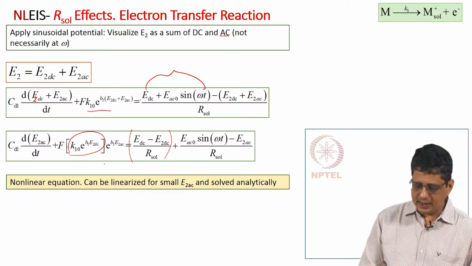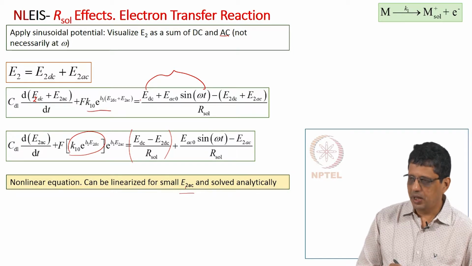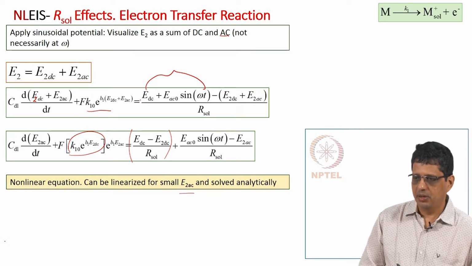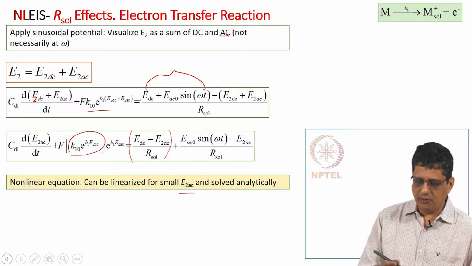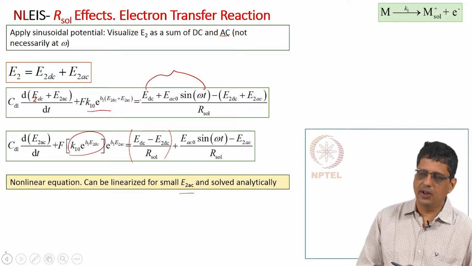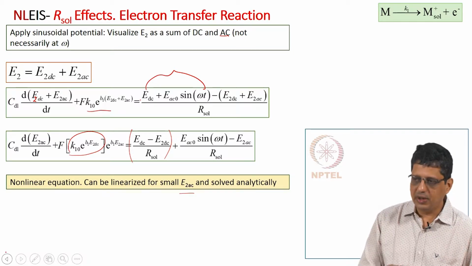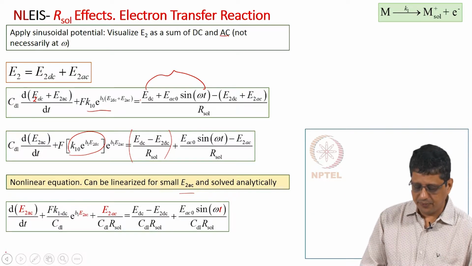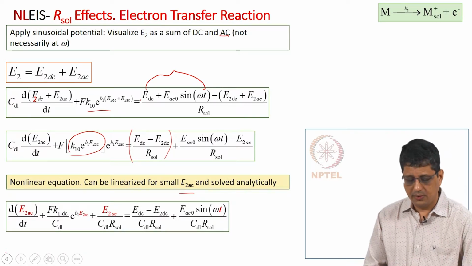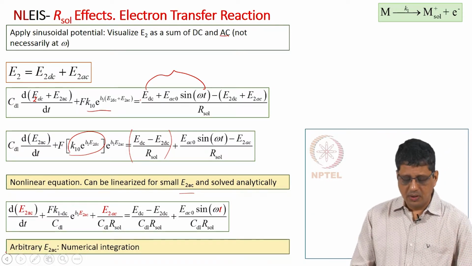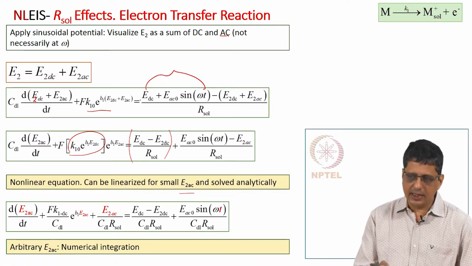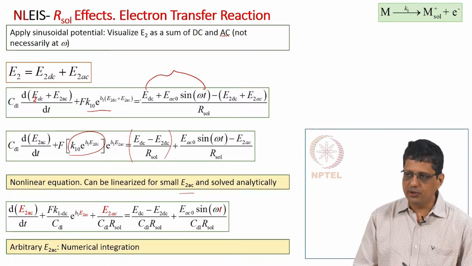You can linearize this for a small E2 AC and solve it analytically, but practically we want to solve it for the cases where we have large amplitude perturbation. So, you have to use a numerical method. If you have an arbitrary value, possibly a large value of E2 AC, you have to use numerical integration.